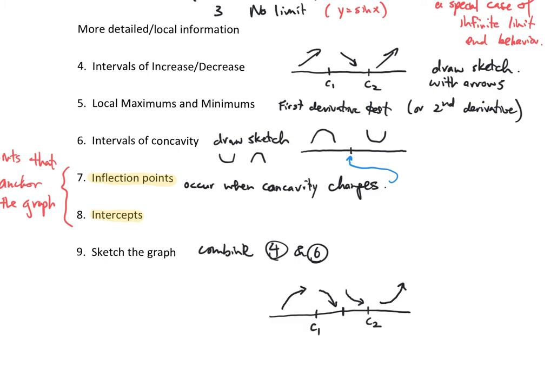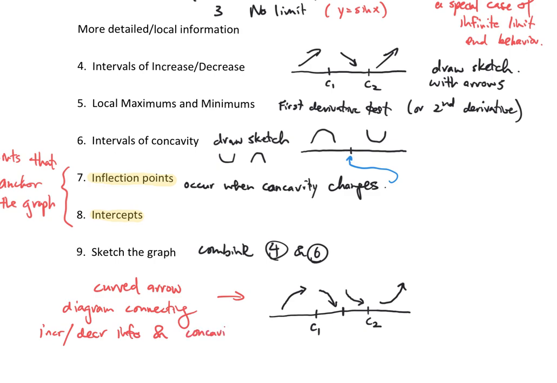Okay. So this is what I call the curved arrow diagram, connecting increasing/decreasing info and concavity info.